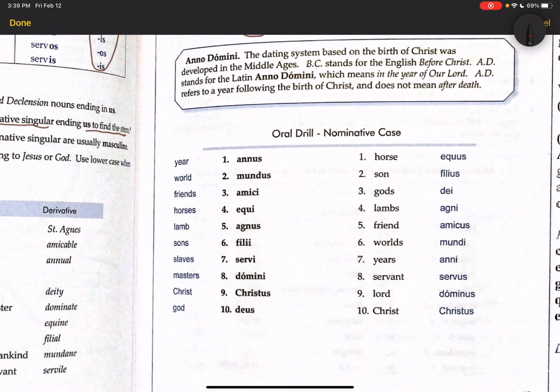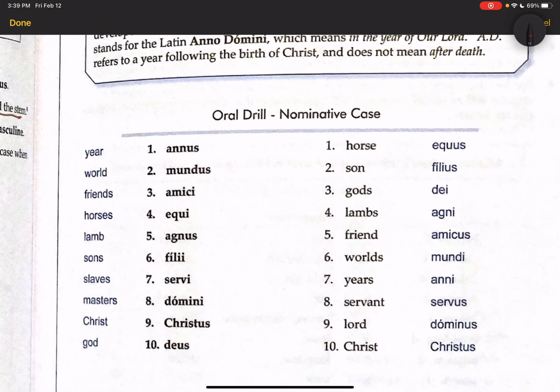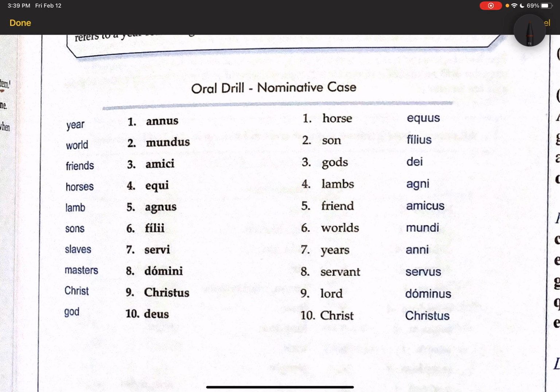All right, so I have the answer key right here, so I'll give you the answers, but that's okay, we can look at this. So annus, this is the nominative singular form because it ends in us, and it means a year. Then we have mundus, which means world, and it has the us ending, so it's nominative singular.